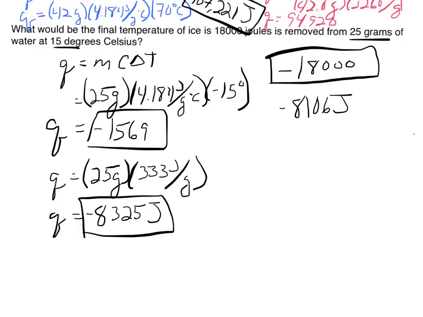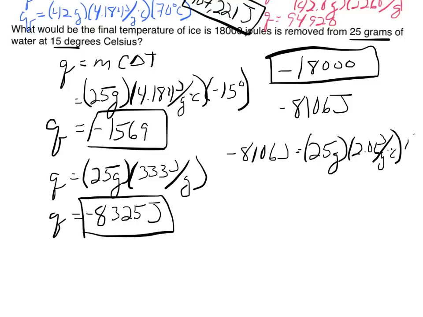So now what we're going to do is we're going to solve for delta T. And we're going to say the joules of energy removing is the 8,106. And we're going to say that that is equal to the mass of the ice, 25 grams of ice, times the specific heat of ice, which is 2.06, I believe. I hope that's the right answer. Joules per gram, degrees Celsius.